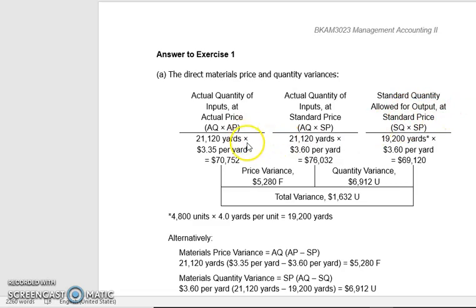So you put the numbers and you get 70,752, and for this one we get 76,032, and this one we get 69,120. The difference is the price variance, and the difference between the others is the quantity variance. So you get favorable for price variance and unfavorable for quantity variance.